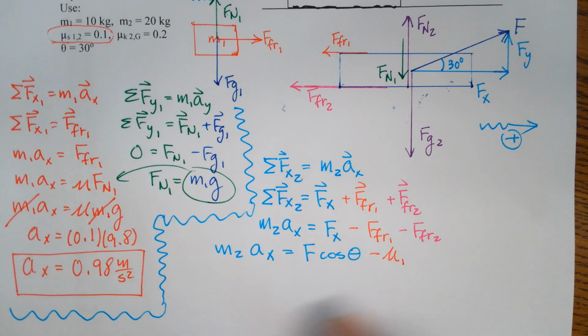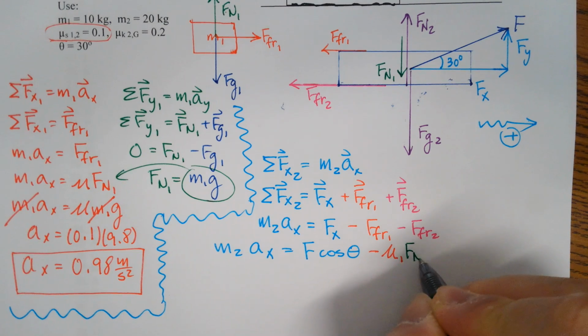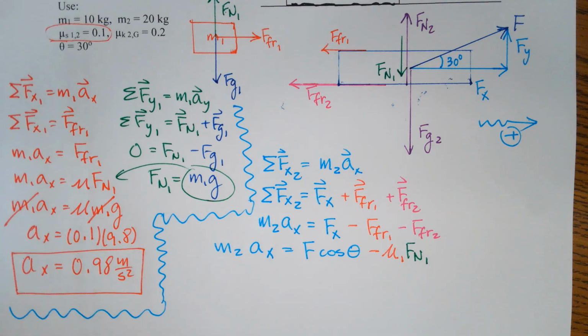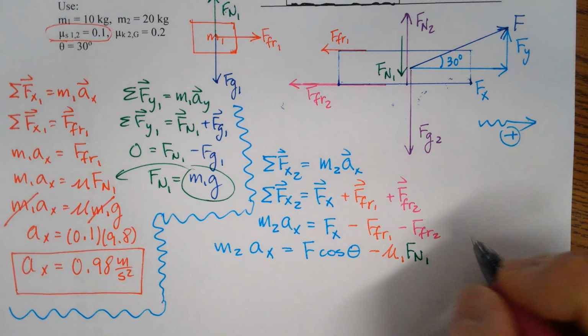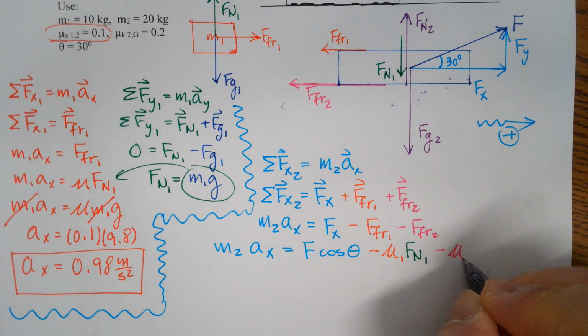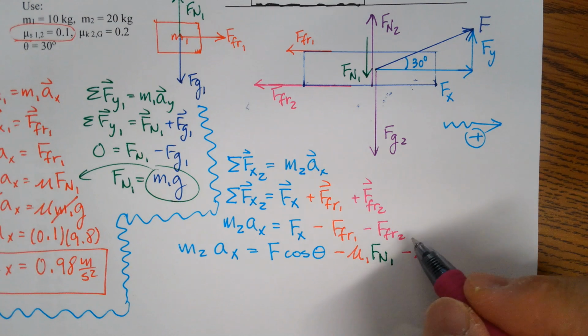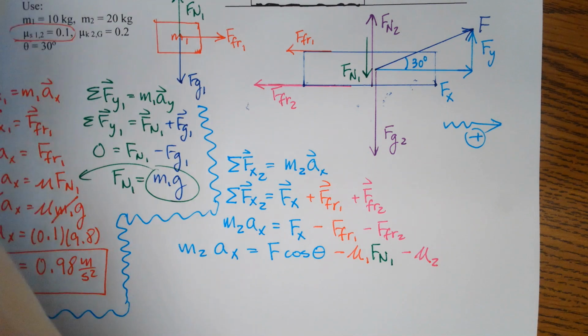We already know what F normal 1 is, by the way, right? Minus friction 2, which is mu 2 times F normal 2, right?